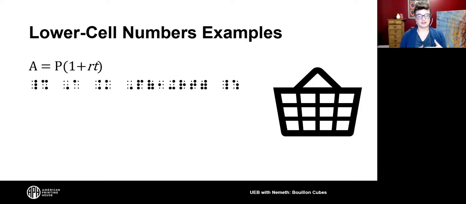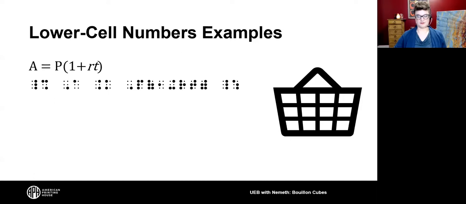If we look at the specific cells, we see our capital A, our 2-cell equals sign. So that's dots 4, 6, and 1, 3. Capital P, open parentheses, and then a 1, which happens in the midst of a string of symbols. It doesn't need any kind of indicator to let us know that it's a 1 because it is in the lower part of the Braille cell and can be nothing but a numeral in this context.